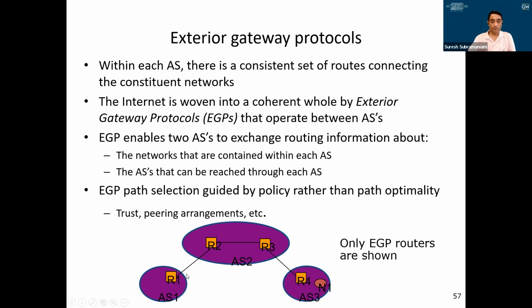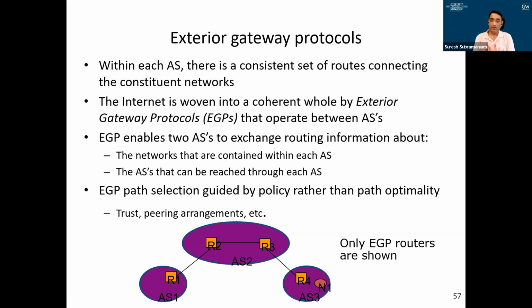The routing here across autonomous systems, that is through intermediate autonomous systems, is really guided by arrangements. So AS2, which is like a network, makes arrangements with AS1 saying, okay, I'll carry traffic on your behalf. And maybe there's a reverse arrangement as well. Maybe you carry traffic on my behalf.